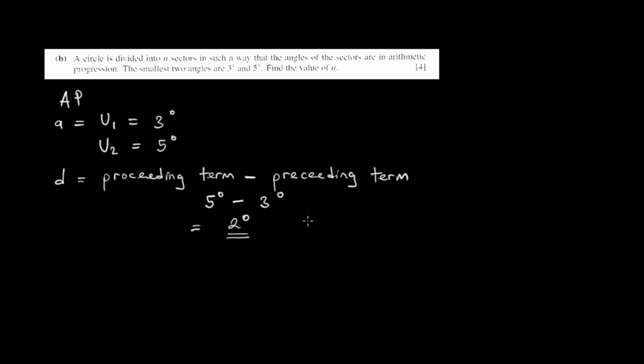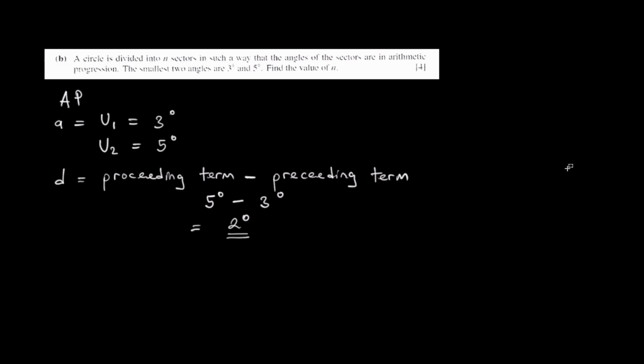So if we are given any two consecutive terms inside a sequence, we are told the nature of the sequence, whether it is AP or GP, and we can actually find either the common difference or the common ratio from that. That is what we did. So the information we were given we used to find something else, which in our case is a common difference. We saw that we were given our first term and a second term, then we used the first and second term to find d, the common difference.